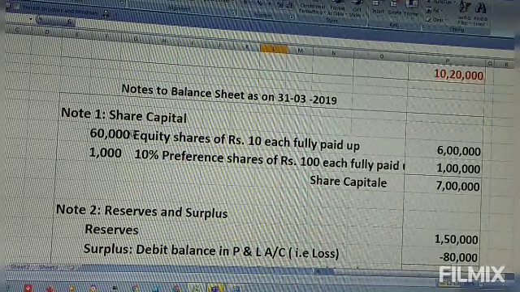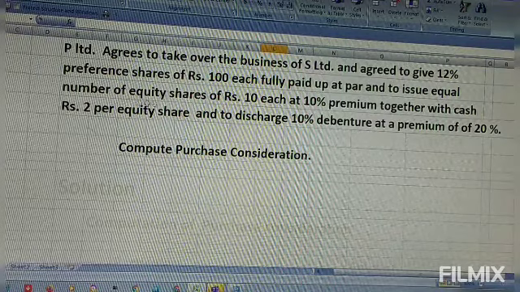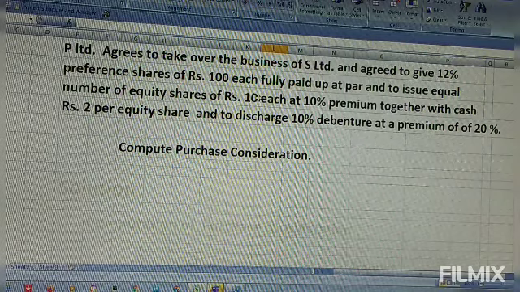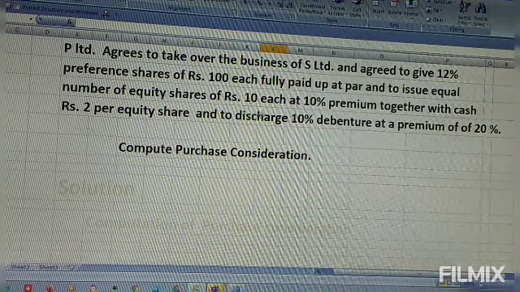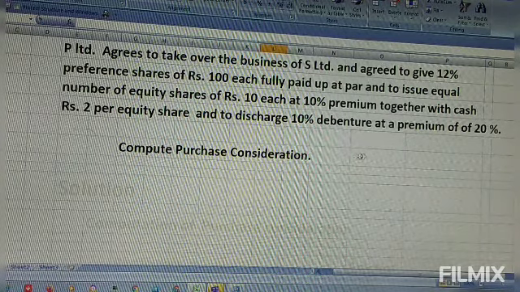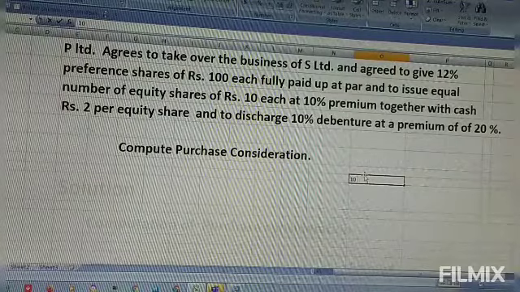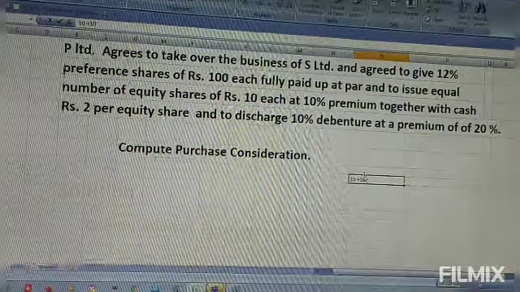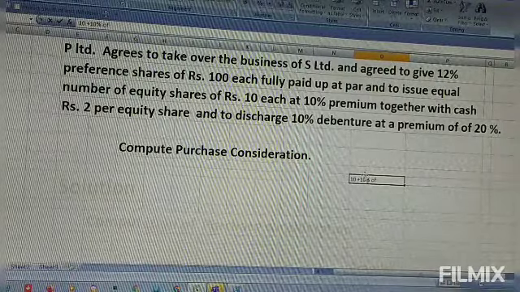The same number of equity shares are issued by P Limited to S Limited, but the value is 10 each at a 10% premium. 10% of rupees 10 is 1, so 10 plus 1.